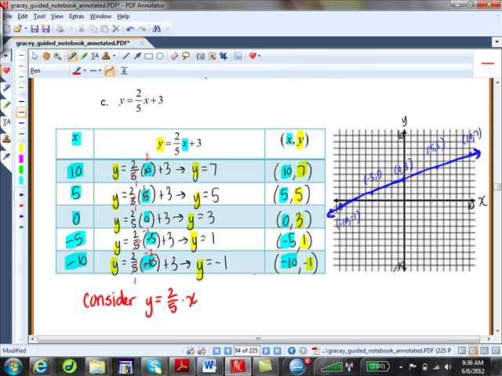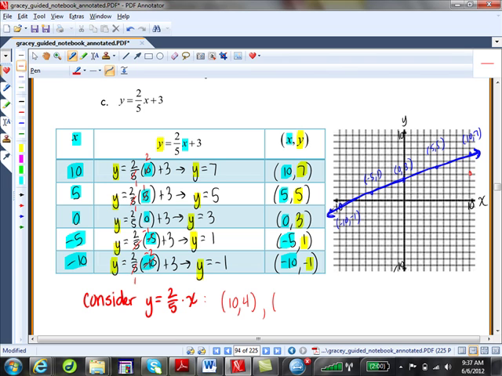So if we plugged in those same points, how is it going to be different? Remember how we came from here? When we plugged in 10, if we didn't have that plus 3, what would we have? We'd have the ordered pairs. We would have 10, comma 4, wouldn't we? And let's examine where that is. 10, 4, 6, 5, 4. Do you see that's shifted 3 down from the other one?